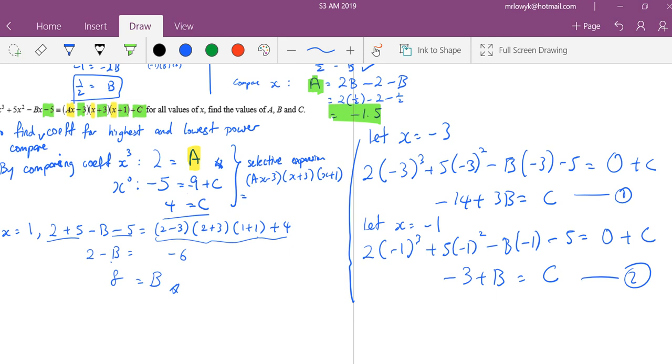Negative 2. You got 2? Negative 1 you put in. Negative 1 plus 1, what's negative 1 plus 1? 0. 0 times this is 0. 0 times this is 0. So 0 plus C.